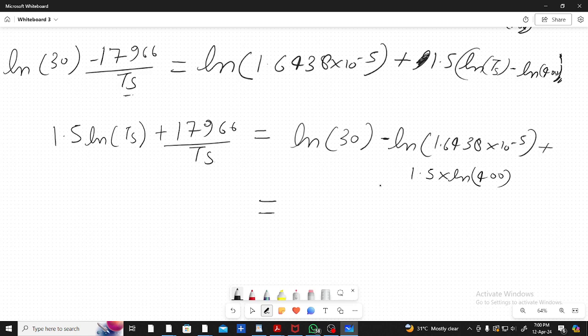Okay guys, can you solve this whole equation and let me know what you are getting? Because you can get ln 30 minus ln 1.6438 into 10 to the power minus 5 plus 1.5 into ln 400.